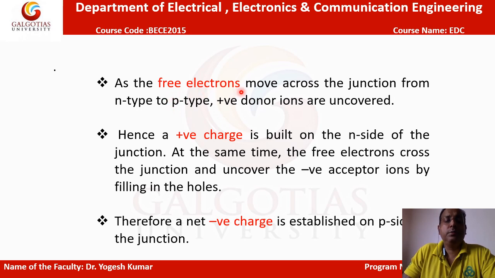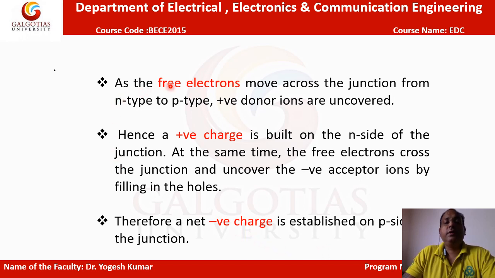As the free electrons move across the junction from n to p type, positive donors are uncovered. Hence, the positive charge is built on the N side of the junction. At the same time, the free electrons cross the junction and uncover the negative acceptors by filling in the holes. Therefore, a net negative charge is established on the P side of the junction.